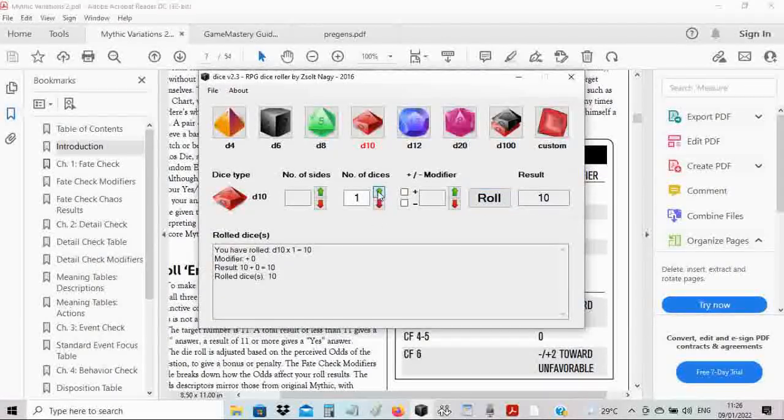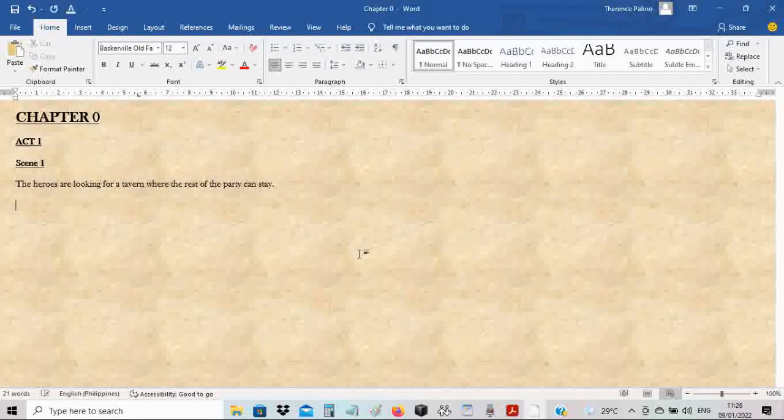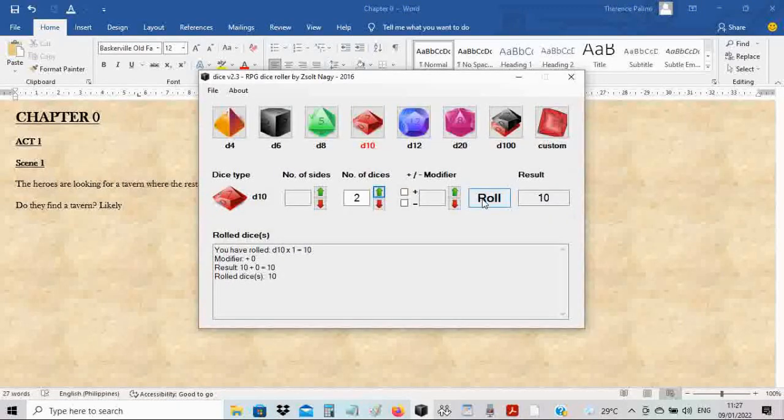So let's start. Our first question will be, do they find a tavern? Now, since we're talking about a pretty big city, we'll say likely. Okay.